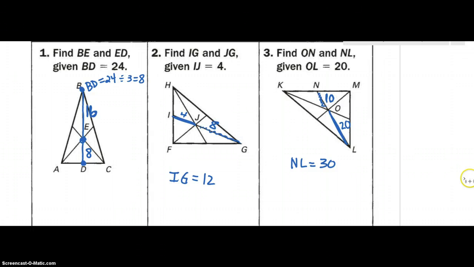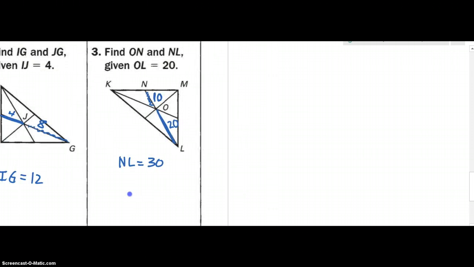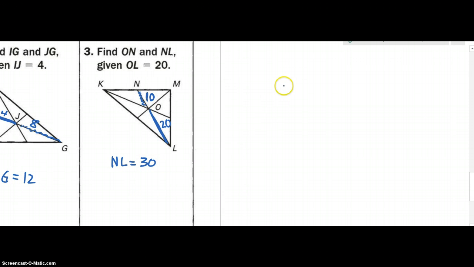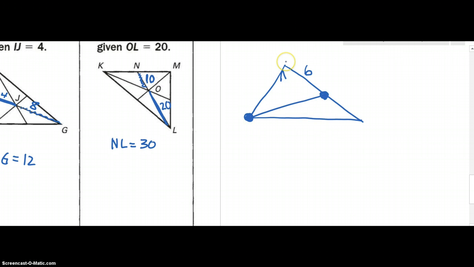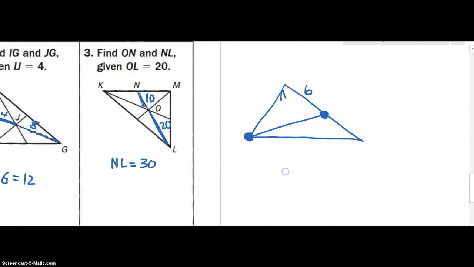Okay, last thing I want you to do, I want you to sketch a triangle. And then pick a side to draw a median to. And I'm going to say that the length of this is 6.